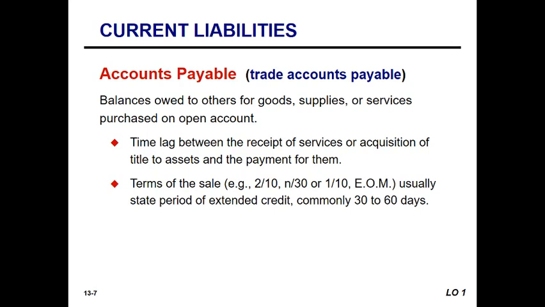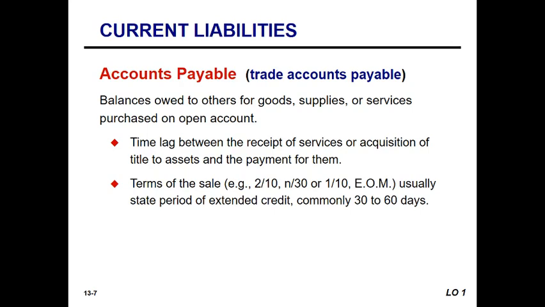This is an agreement between one party and another, that said party will provide goods or services, supplies, whatnot, to the other party. And that secondary party will have a period of time to pay that off. Now, that could be 10 days, 20 days, 30 days, 60 days, 6 months. It depends upon the nature of the agreement between the two parties.